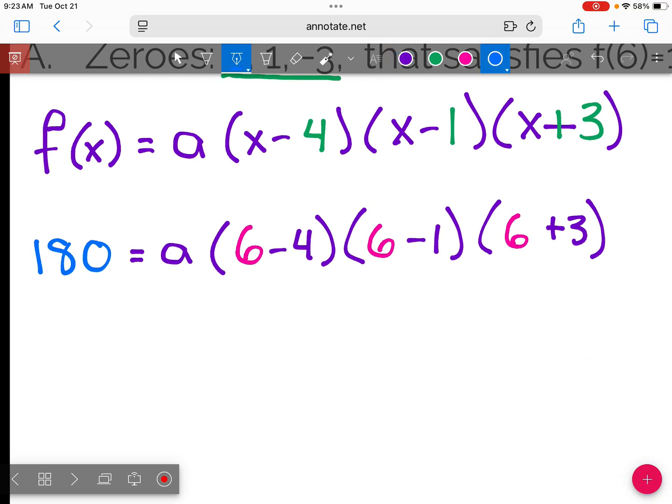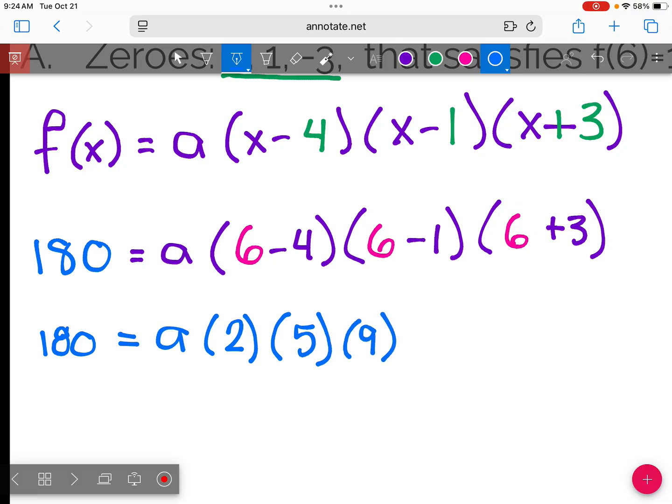Where can I go from here? Because we're going to take this and we're going to simplify. We've got our a times 6 minus 4, which is 2, 6 minus 1, which is 5, and 6 plus 3, which is 9.